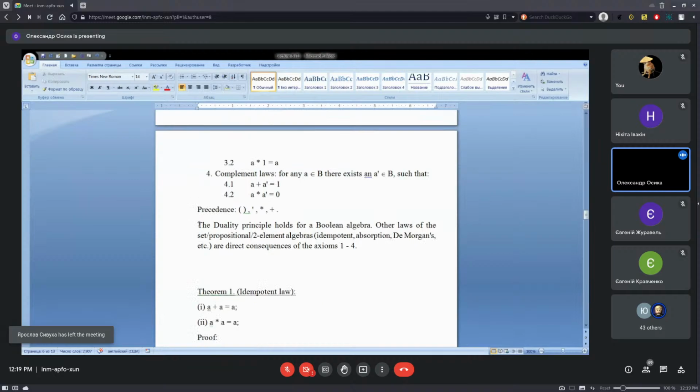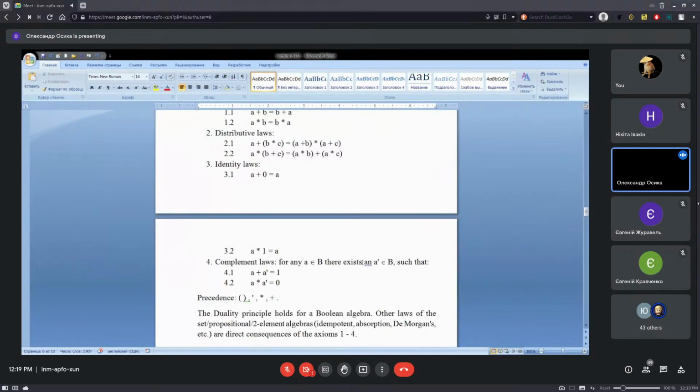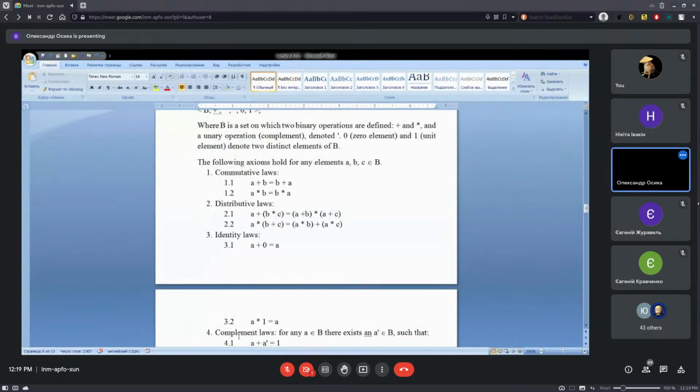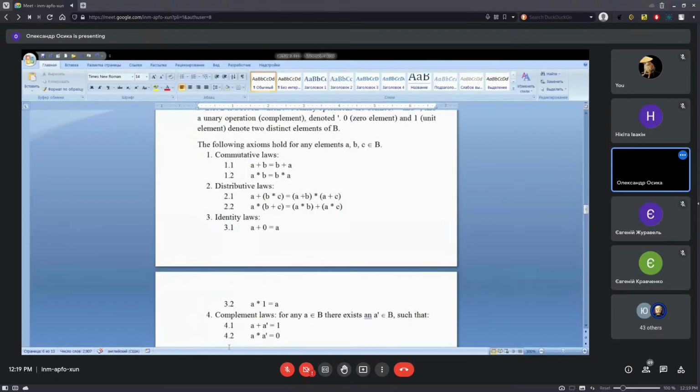But also what is important, the duality principle holds for a Boolean algebra. Other laws of set algebra, propositional algebra, or two-element algebras are direct consequences of these four axioms.